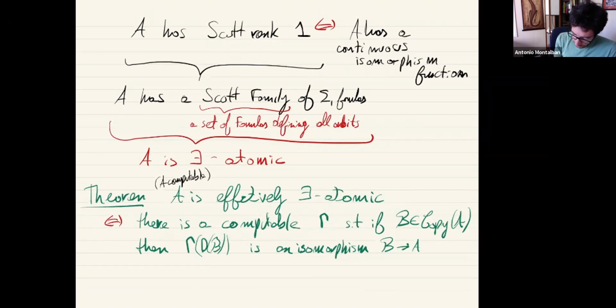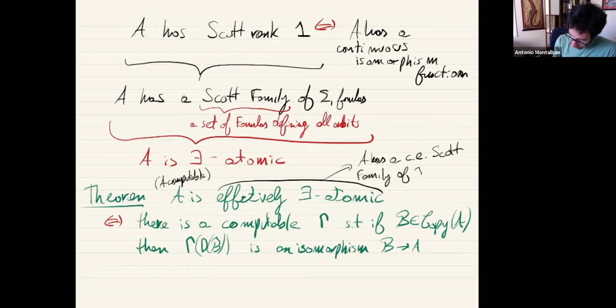And effectively atomic means A has a CE, computably enumerable, Scott family of existential formulas.